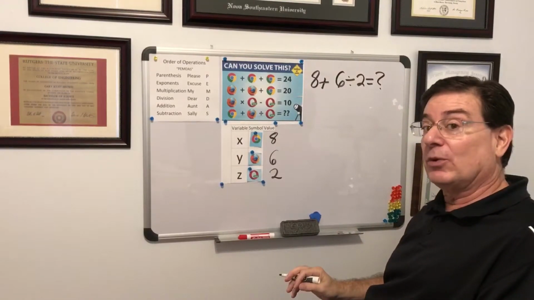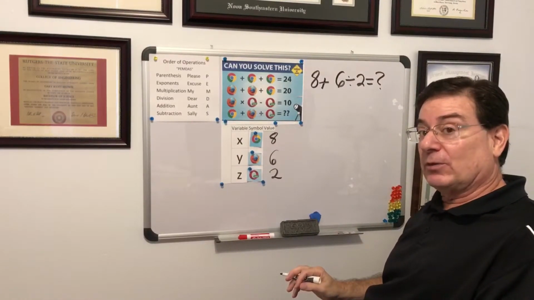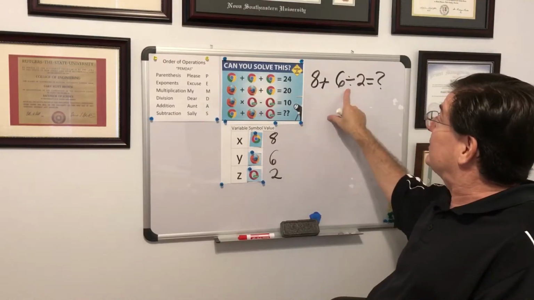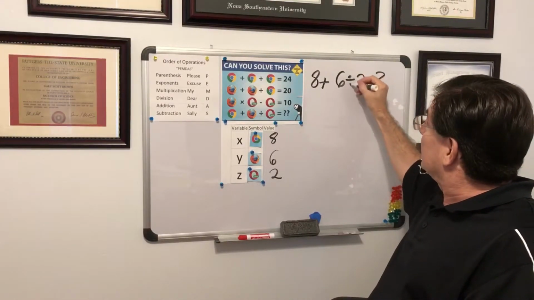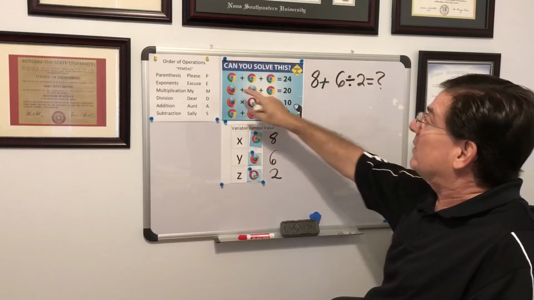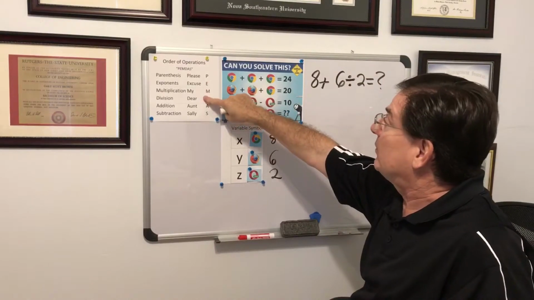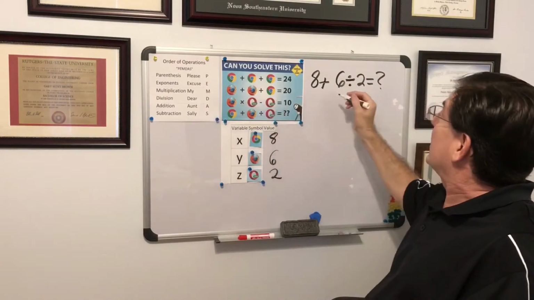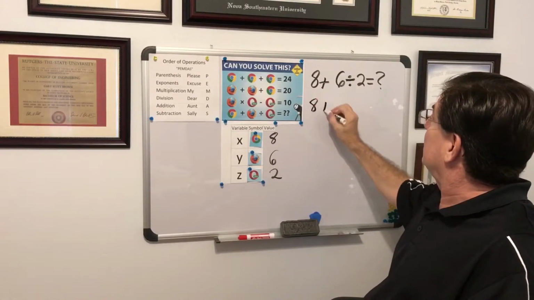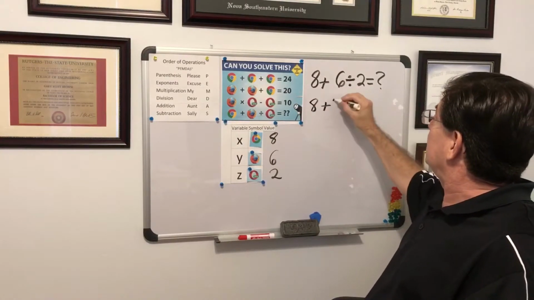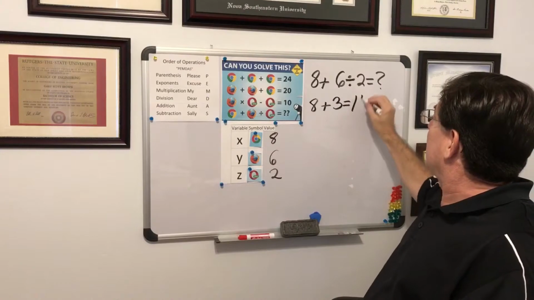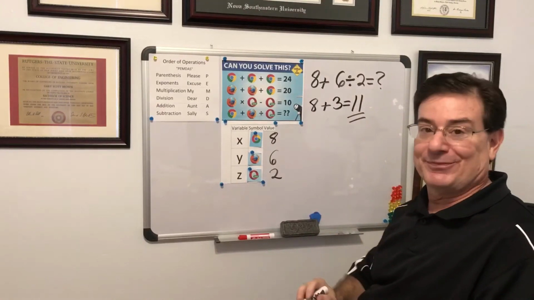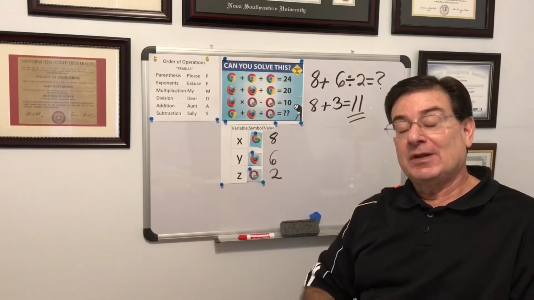And now it's very important that we read this from left to right, but we acknowledge that we have a division sign, and with that division, in terms of its priority, it comes before any addition or subtraction. So it becomes 8 plus 6 divided by 2 is 3, and we get our solution 11. So the answer to this puzzle is 11.